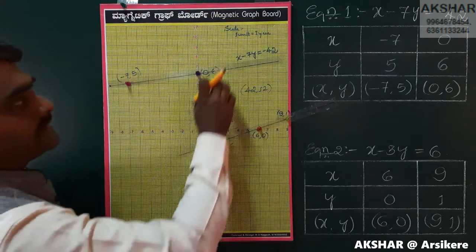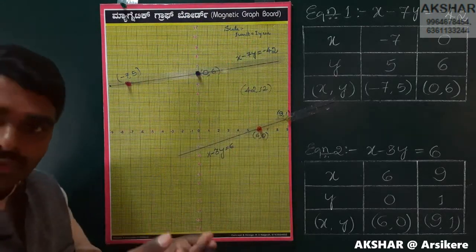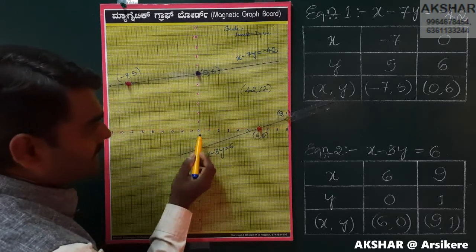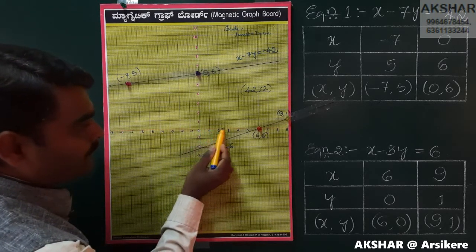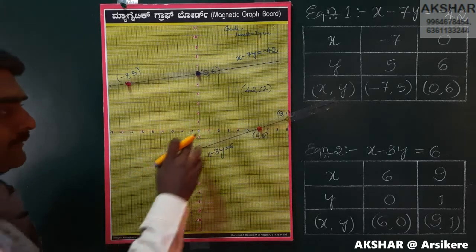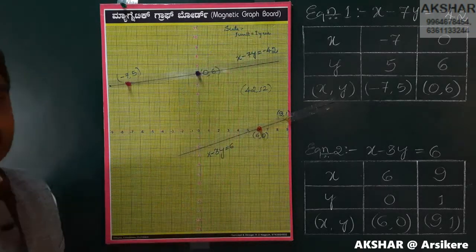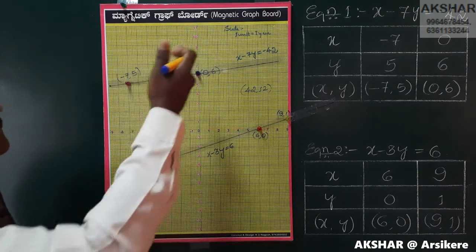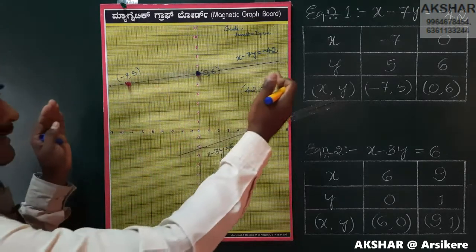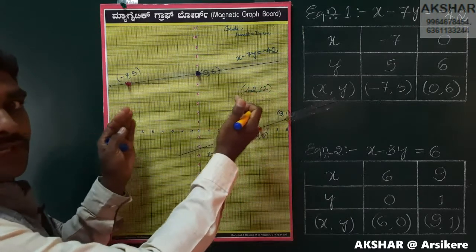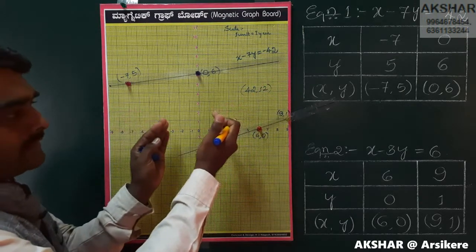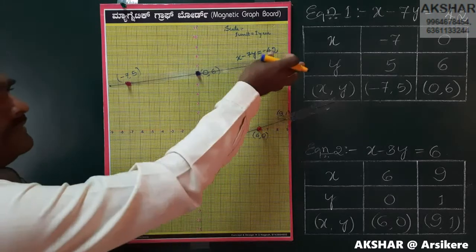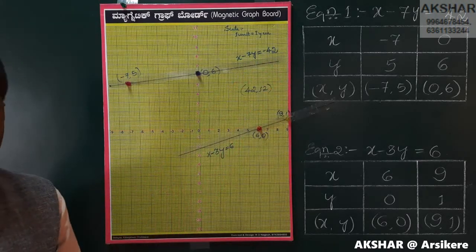If you consider 1 unit equal to 2 years, then the points become 0, 1, 2, 3, 4, 5 like that. If you consider 1 unit equal to 4 years, 5 years, 10 years, if you change the scale like this, the graph will come in a reduced and condensed form. Okay, then definitely you will get the intersecting point somewhere.